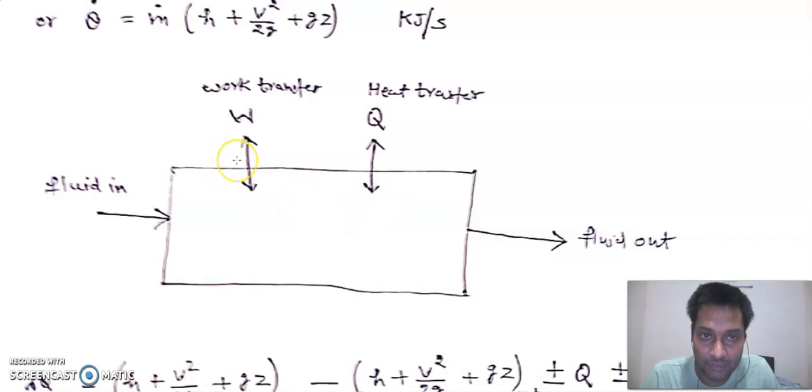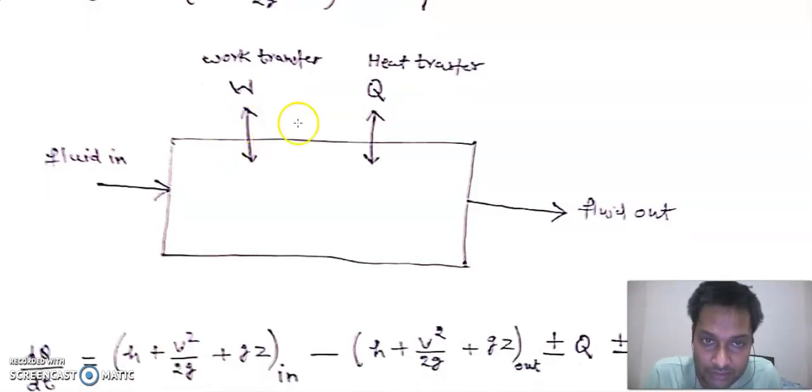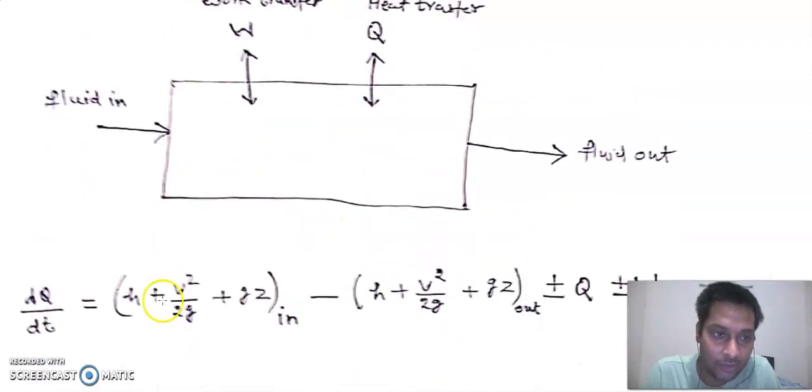Similarly, there is a work transfer, that work may be performed by the system or work done on the system. If we apply an energy balance on this control volume, then dq by dt represents the change in energy within the control volume with respect to time.